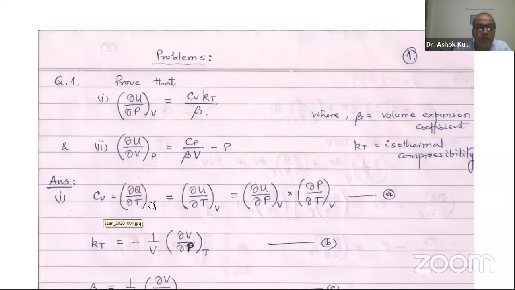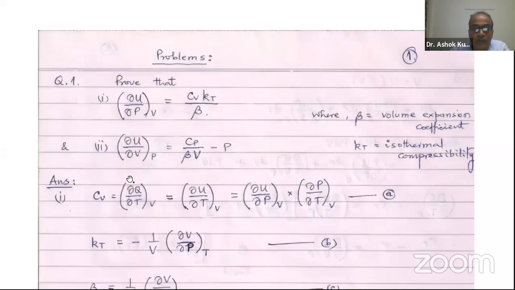So CV we know that is del Q upon del T. CV is actually dQ upon dT, but if that is true, it is true for partial differential also at constant volume. So dq, because the constant volume is there, therefore the pdv part is 0. dq is equal to du plus pdv. Now v is constant, therefore the pdv part is 0, and therefore whatever energy is heat energy, it is in the form of internal energy.